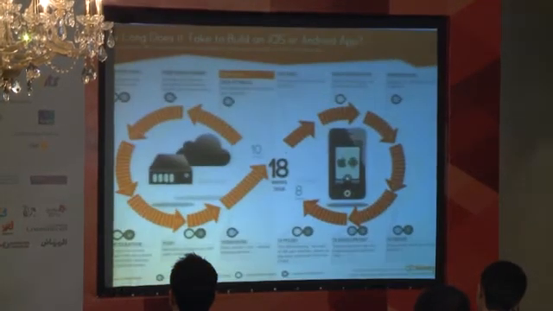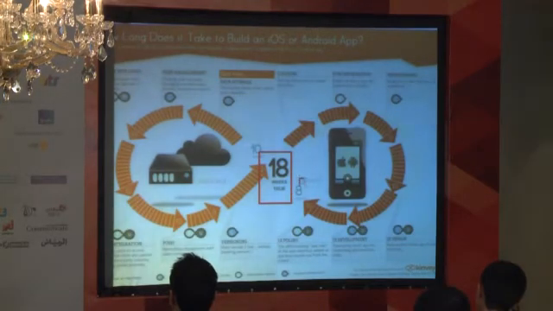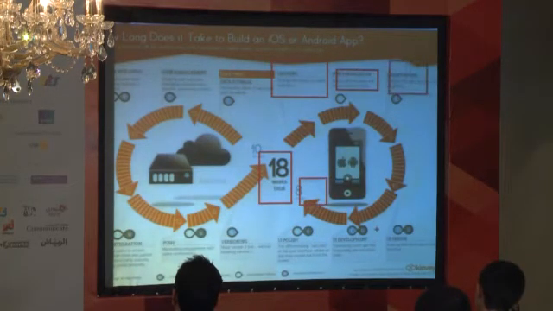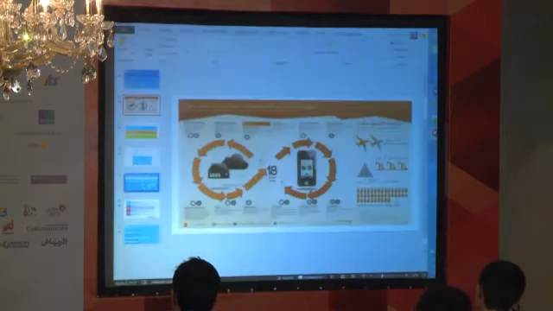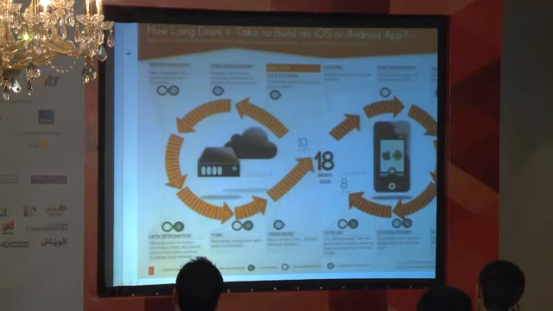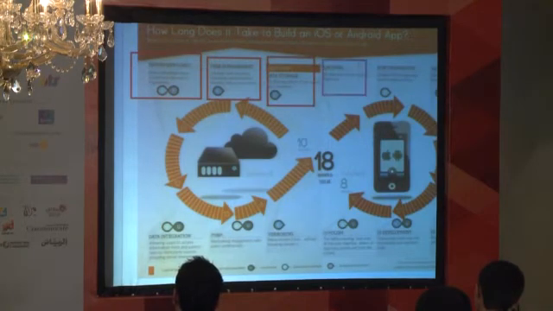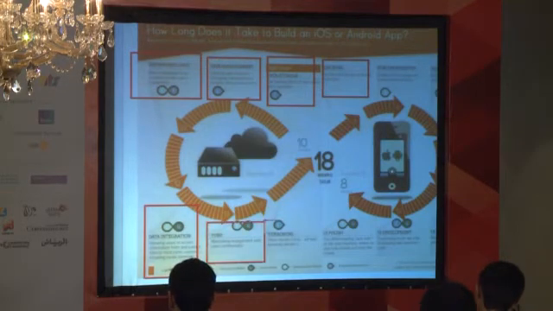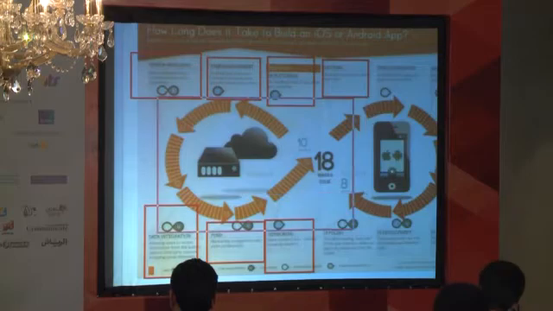The answer is 18 weeks. 8 weeks is for front-end, which is caching, synchronization, wireframing that Ibrahim talked about, UI design, UI development, and UI polishing. And 10 weeks is about server-side logic, user management, data storage, data integration, push, and versioning. Caching can be in both of them. So the backend takes about 10 weeks for each application.